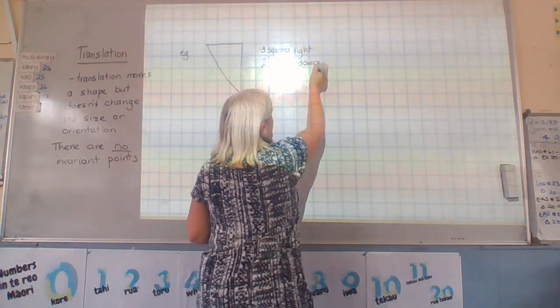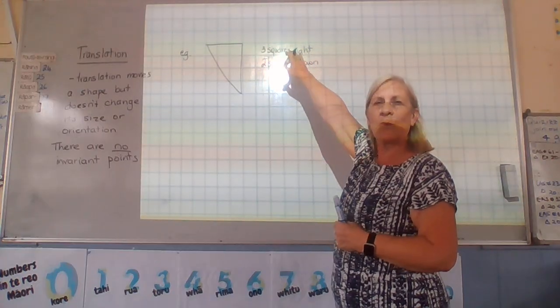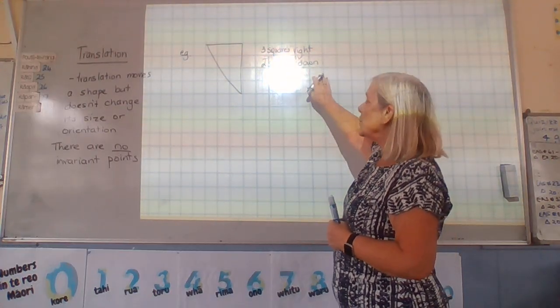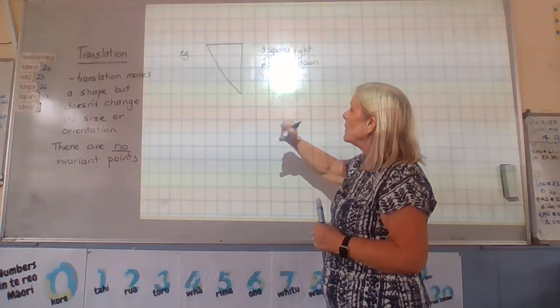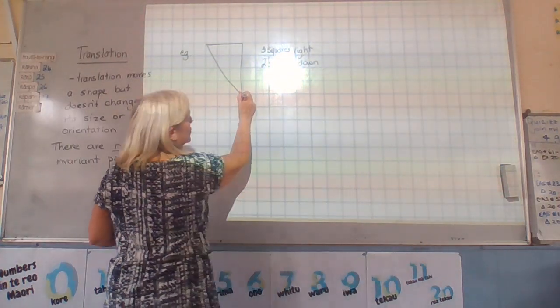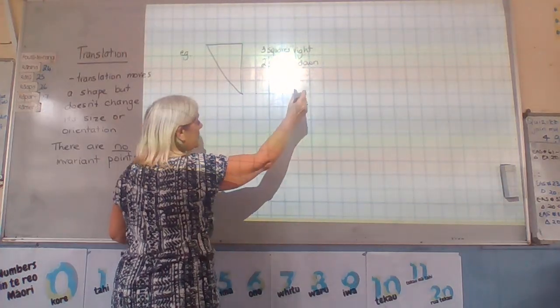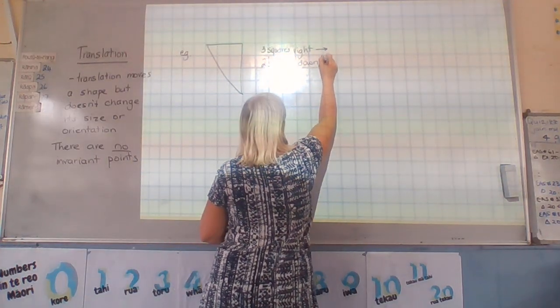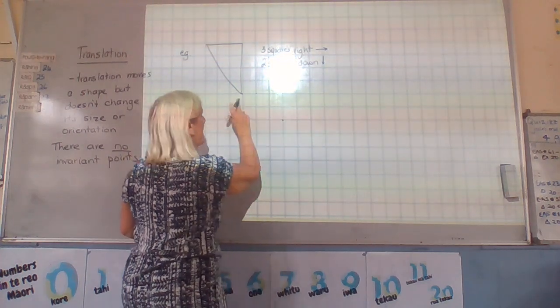Right, so that means every point on my triangle has to move 3 squares right and 2 squares down. Okay, so I take 1 point and I do it on 1 point. 1, 2, 3, that's right. Right is this way, okay? And 2 squares down, 1, 2. That's where that point is.